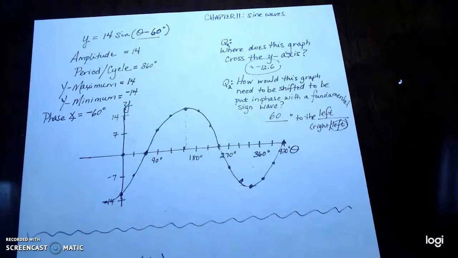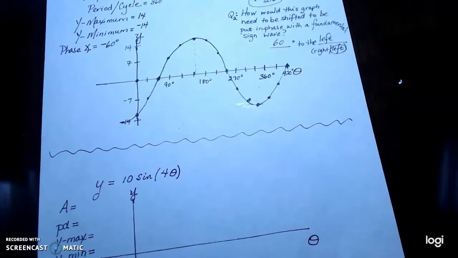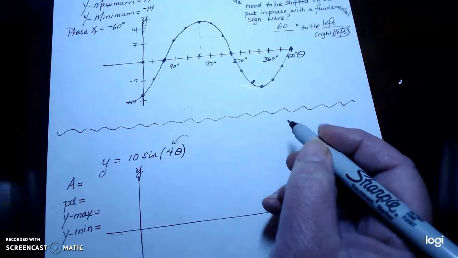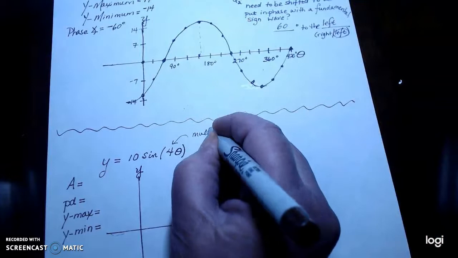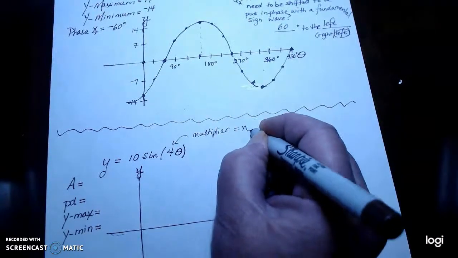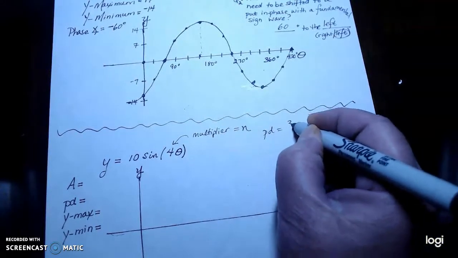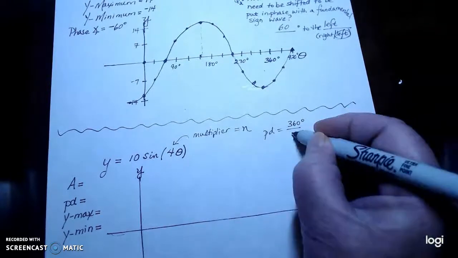Let's do a graph fairly quickly here that involves a change in the period. Remember that a multiplier in front of your angle input we call the value n. To find the period, you take the standard period and divide by n, which in this case is 4.